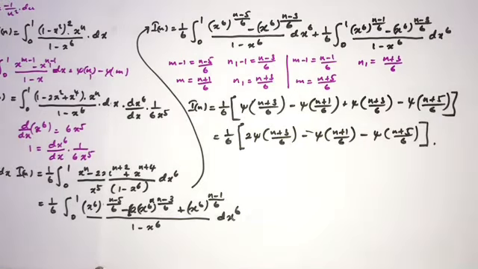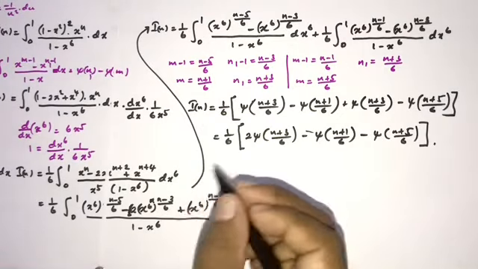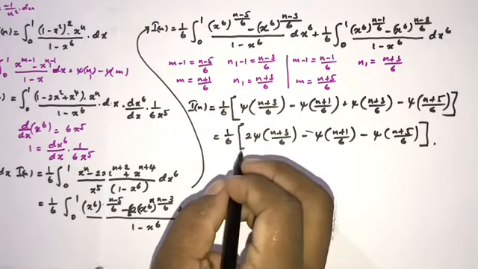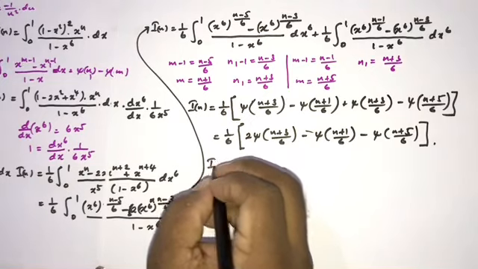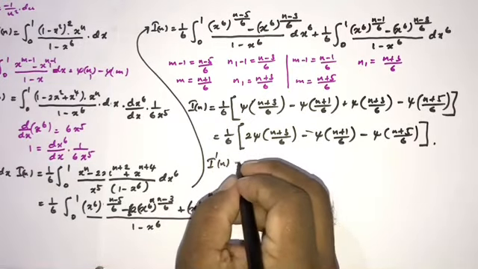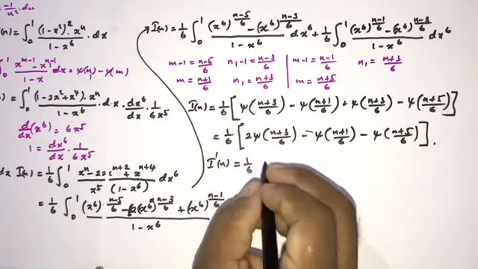Okay, now we need I dash of 0, so I am going to differentiate with respect to n, so I dash of n is equal to 1 over 6.